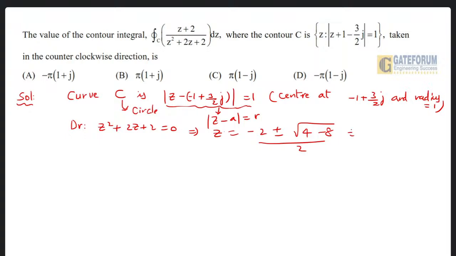So 2 is common and cancelled. In place of i I can write j, the imaginary unit, which implies z = −1 + j, −1 − j.